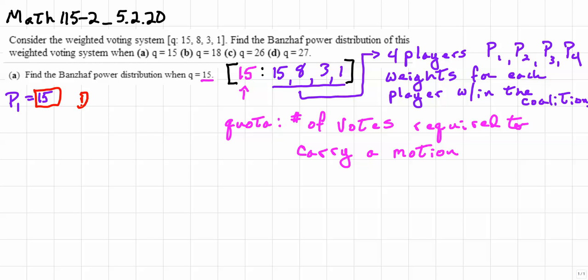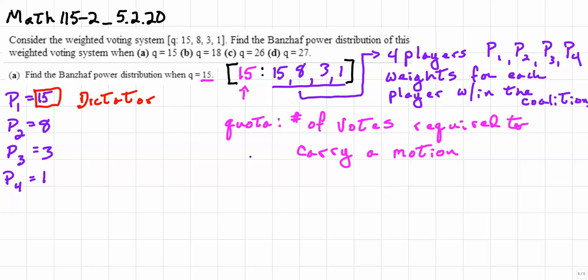The reason that player 1 is a dictator is because it will require just player 1 to be able to pass any motion. Now player 2 is going to have a weight of 8. Player 3 will have a weight of 3. And player 4 will have a weight of 1.